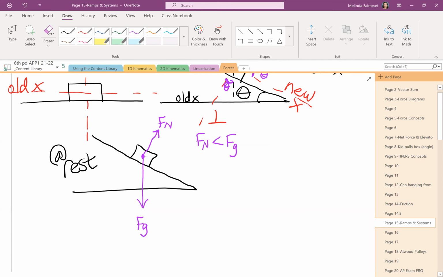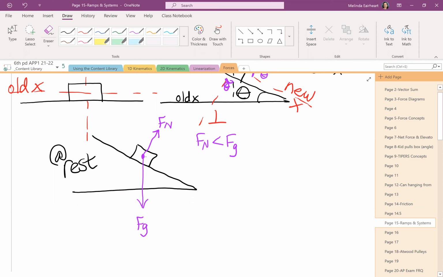Now, if this alone are the forces acting on it, it would not be at rest. What's the only way for this box to be at rest? There's got to be some kind of grip holding on to it, right? Gripping friction, AKA static friction, okay? Now, it wants to go what direction?